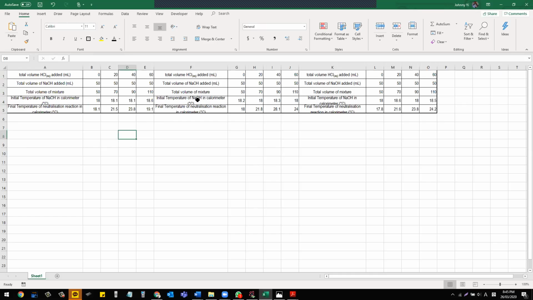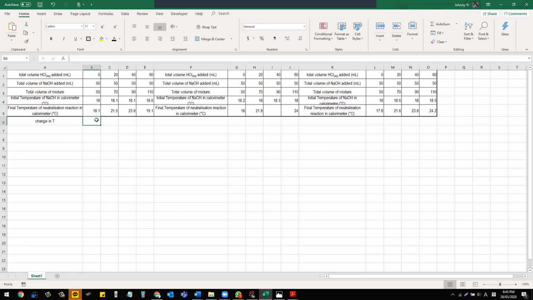So let me think about this. So that's an outlier, so I'm just gonna not use that. So let's calculate the change in temperature. So that is just that minus that, right?